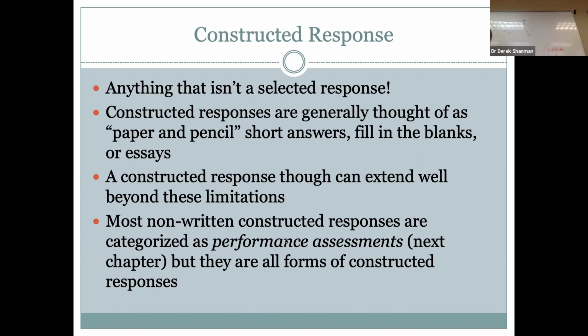The challenge is, do we have the time to do all those things, right? The most obvious example of this are lab-based science classes, right? Chemistry class, a biology class, a physics class.